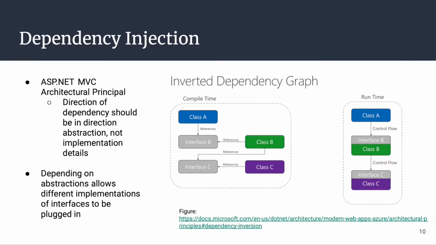Dependency injection allows class A to call methods on an abstraction that class B implements. So this makes it possible for class A to call B at runtime, but for B to depend on an interface controlled by A at compile time. So now this typically would invert the typical compile time dependency, hence the name inverted dependency.